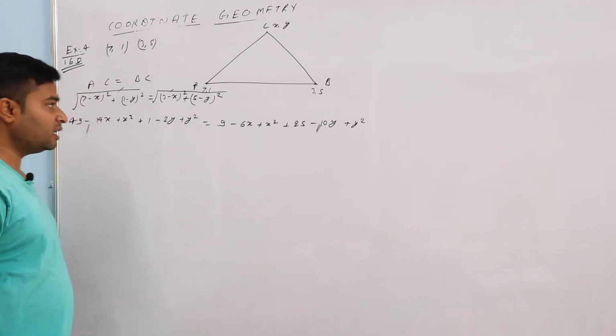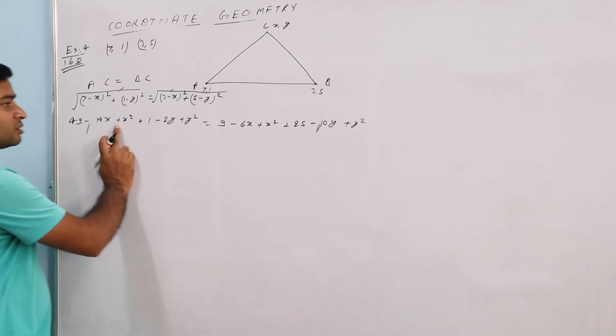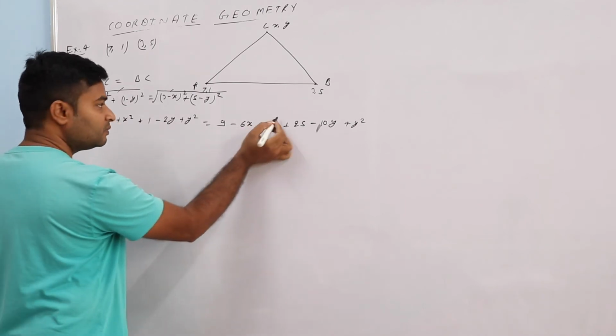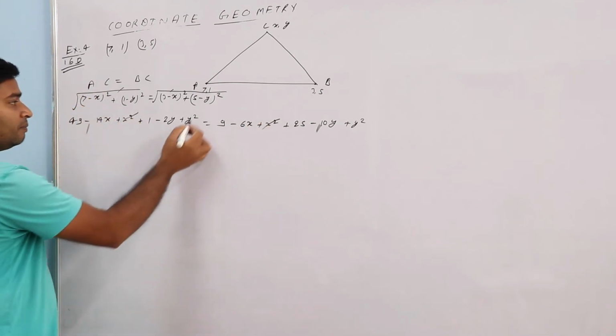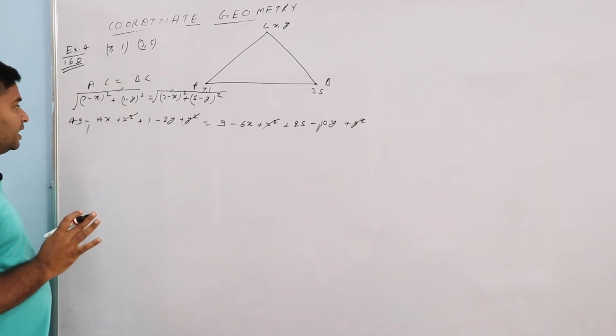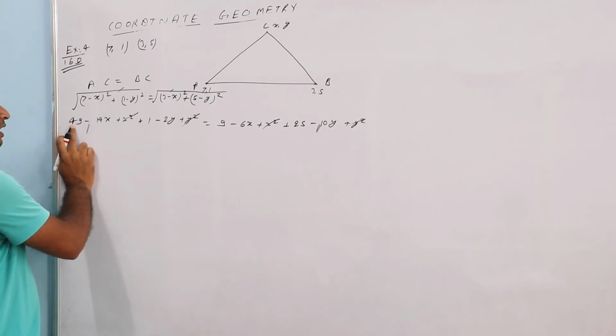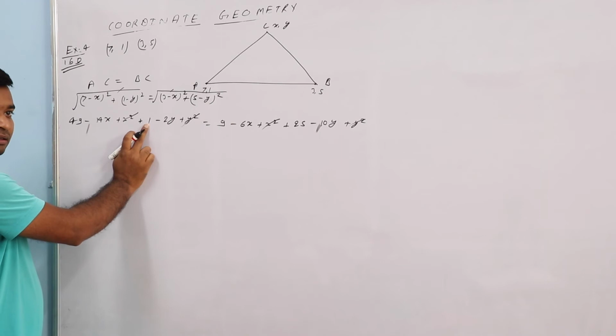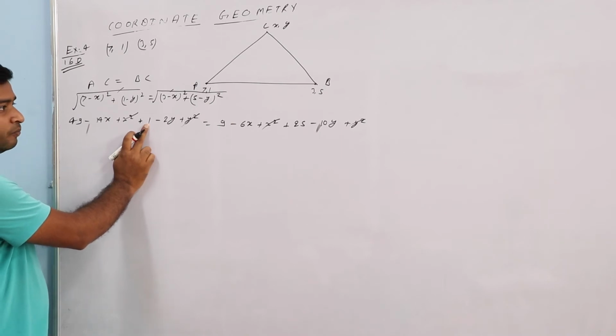Getting? Acha, now try to cancel. Plus x square, plus x square. Plus y square, plus y square. Getting? Any more thing can we cancel? So now 49 plus 1 is 50.